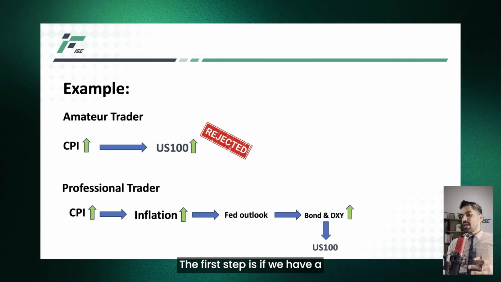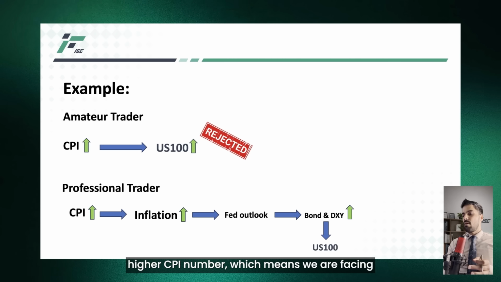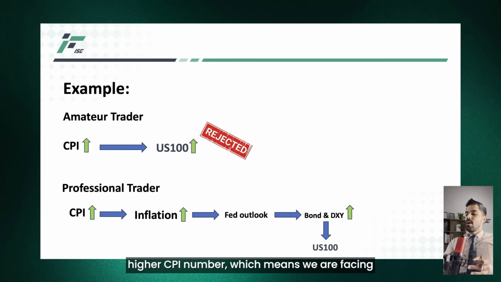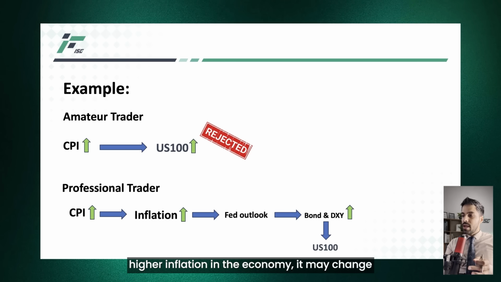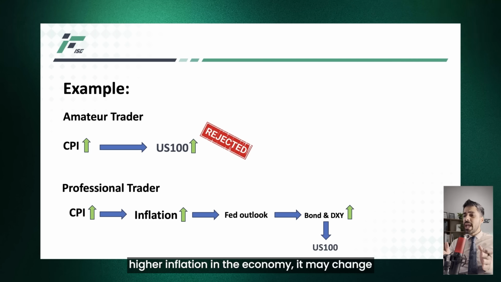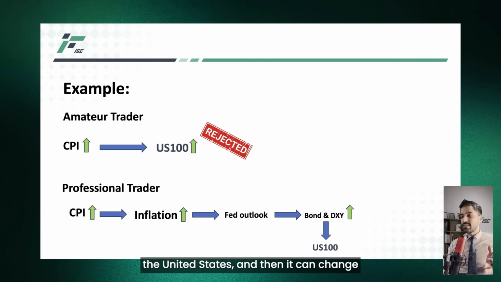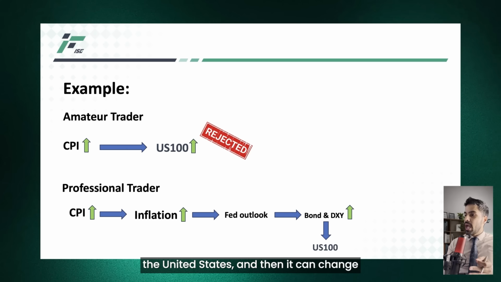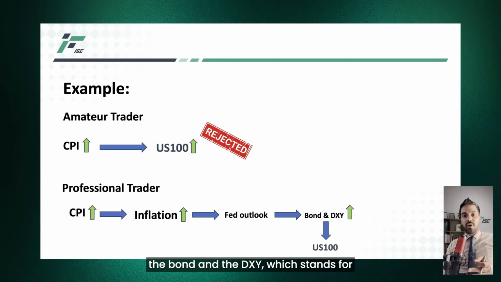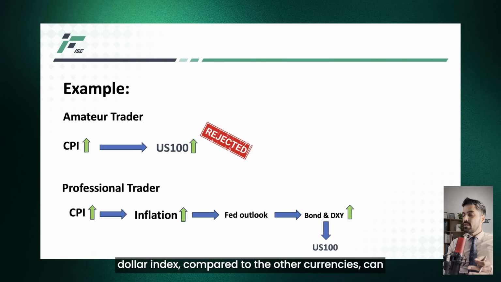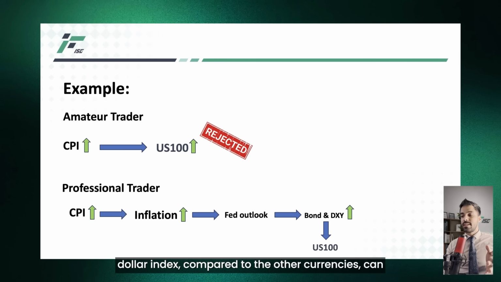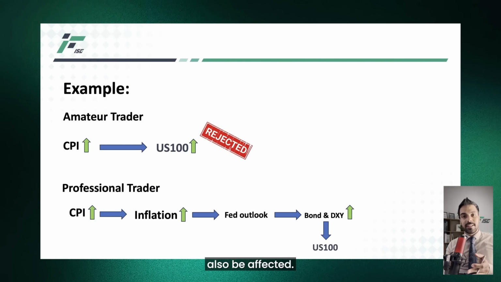The first step is, if we have a higher CPI number, which means we are facing higher inflation in the economy, it may change the Federal Reserve outlook, the central bank of the United States, and then it can change the bonds, and the DXY, which stands for dollar index, compared to the other currencies, can also be affected.